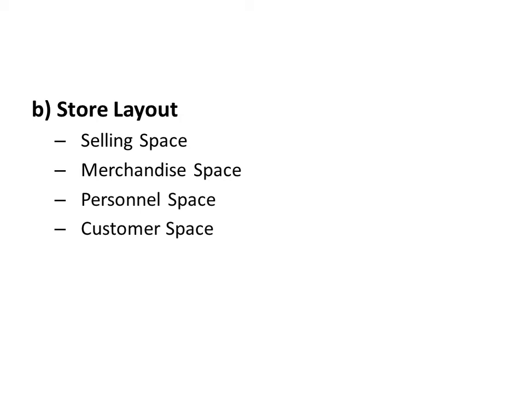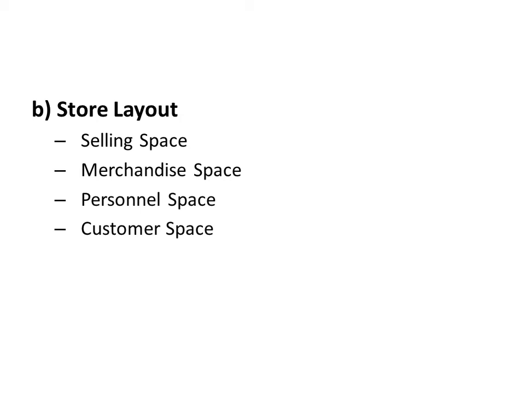But if you arrange the products in a systematic way, maybe color wise, or size wise, or design wise or price wise, then it is a good thing. It is very easy and convenient for the customer to select and choose the product they want.